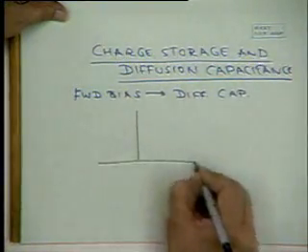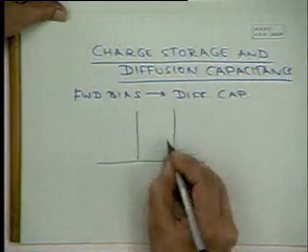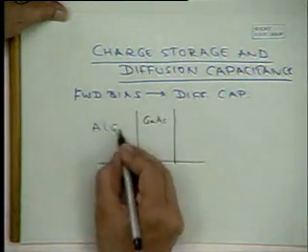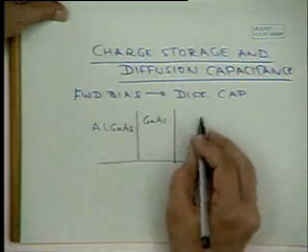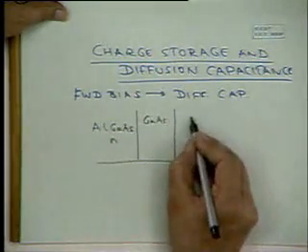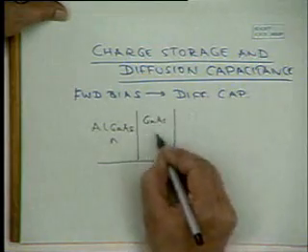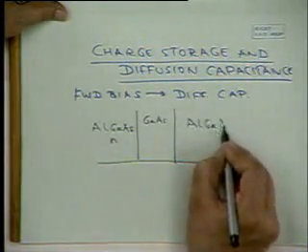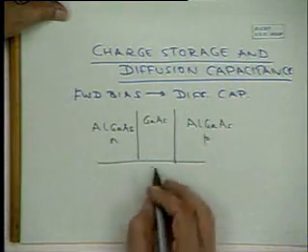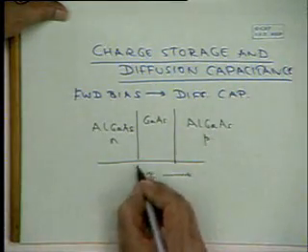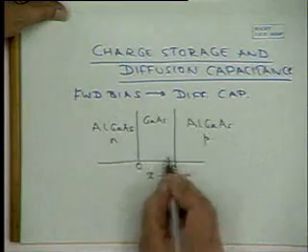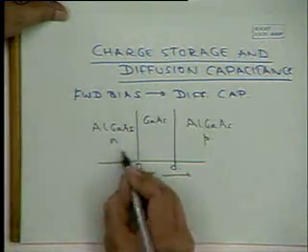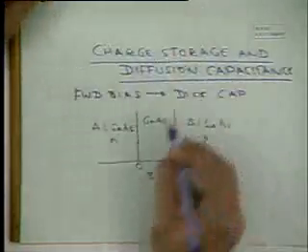Suppose we have a GaAs/AlGaAs structure, a double heterojunction LED, and gallium arsenide is the undoped active region, and this is p-AlGaAs. This is the active layer width, and under forward bias we are injecting minority carriers, electrons, into this region.